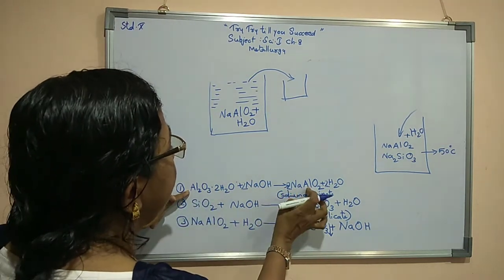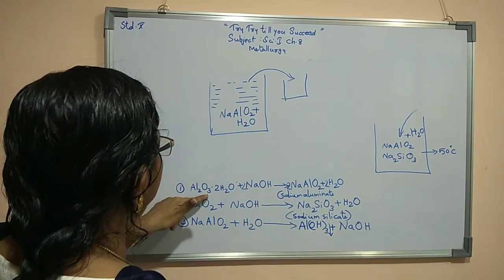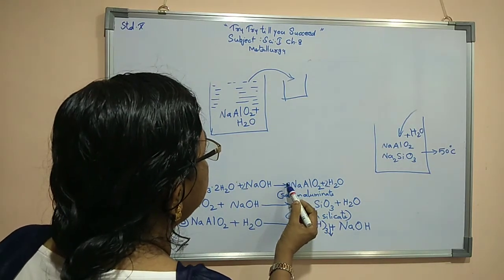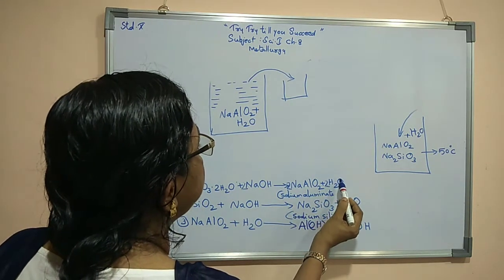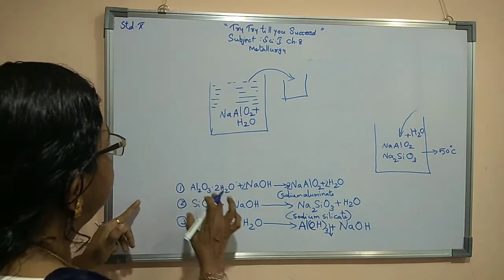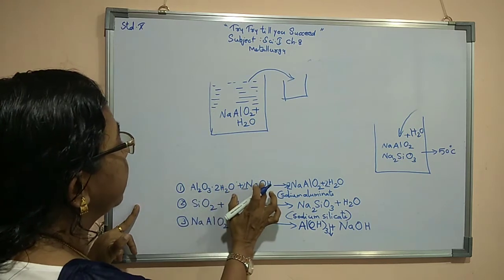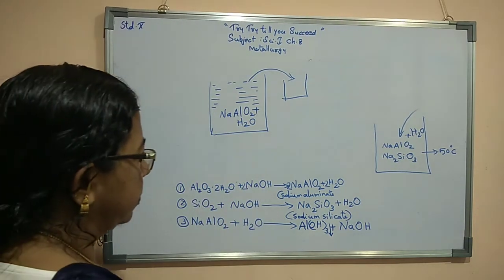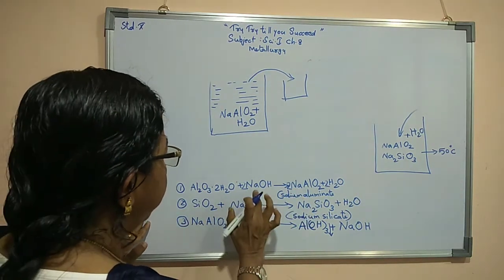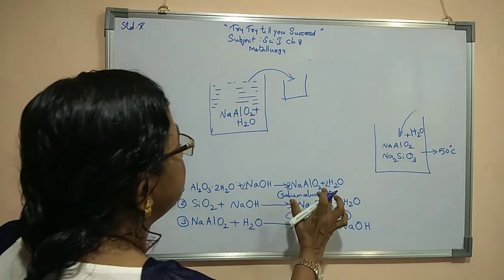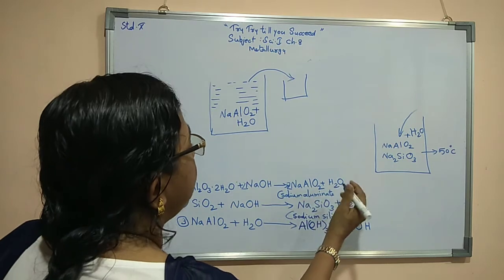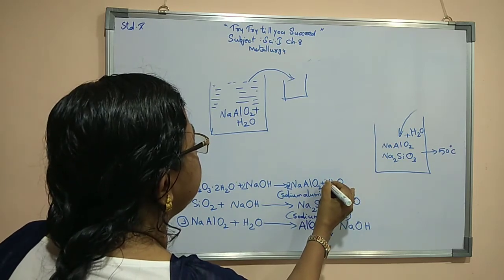Al2, here Al2. Oxygen 3 plus 2, 5 plus 2, 7 now. Here 2 2s are 4, 4 plus 2, 6. Here 3, 3 plus 2, 5, 5 plus 2, 7. Now sodium is 2, so I made sodium 2. One oxygen is more, so I am trying to put one more here. I put 2, now I made it 3.